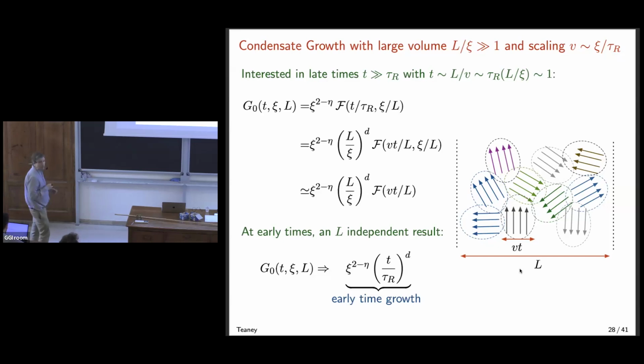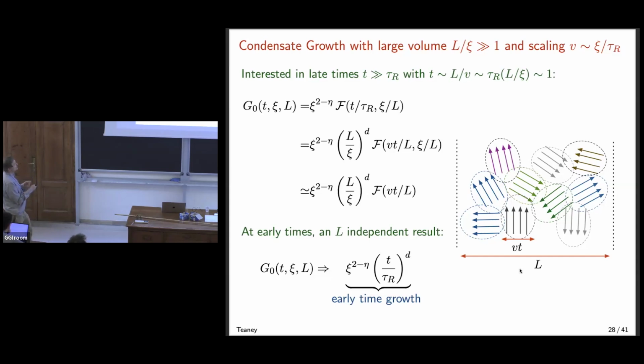So you want to redefine your scaling ansatz to take into account the regime that you're actually interested in. Instead of doing what we did before, we start the same: this is a function of t over tau r and c over L. Now we reshuffle the parameters to put in all the limits that we know. At late times, we know this needs to grow like L over c to the power d, and we know that the time we're interested in is L over v.